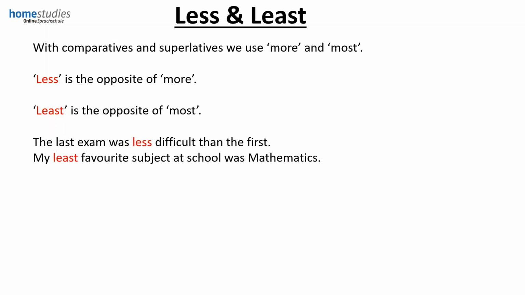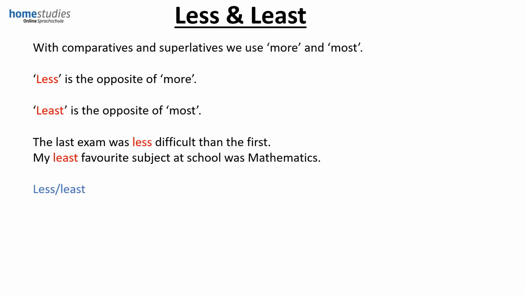So for example, the last exam was less difficult than the first, so we're making a comparative. And here, my least favourite subject at school was mathematics. This is using a superlative, okay? So remember, less is the opposite of more and least is the opposite of most.